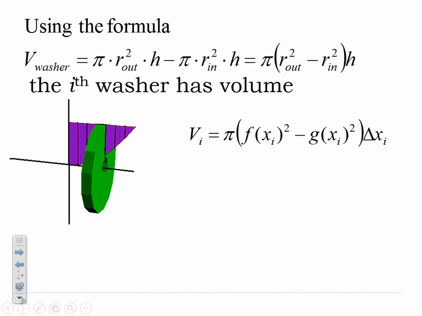Well, if we talk about the volume of a disk, that height is just like the thickness of our disk. So instead of writing h, I'm going to write delta x, because that's our infinitely thin washer. That's how thick all of these are. And then instead of r squared minus r squared, I have written function squared minus function squared.